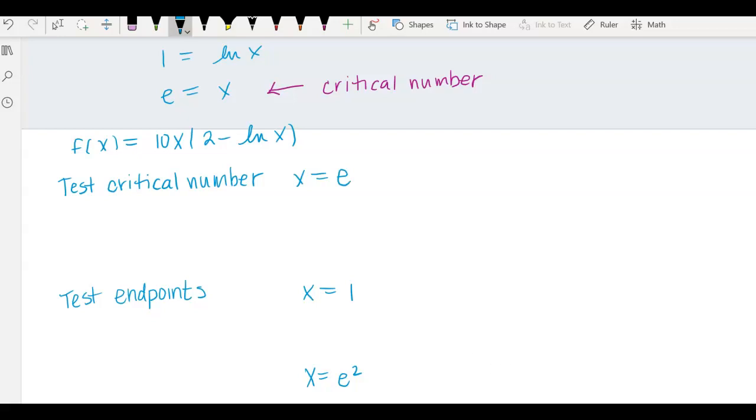All right, we're good. We're going to test x equals e. So we're plugging this into the original equation. So 10 times e, 2 minus natural log of e. 10e, this will be 2 minus 1. So this is going to be just 10e.